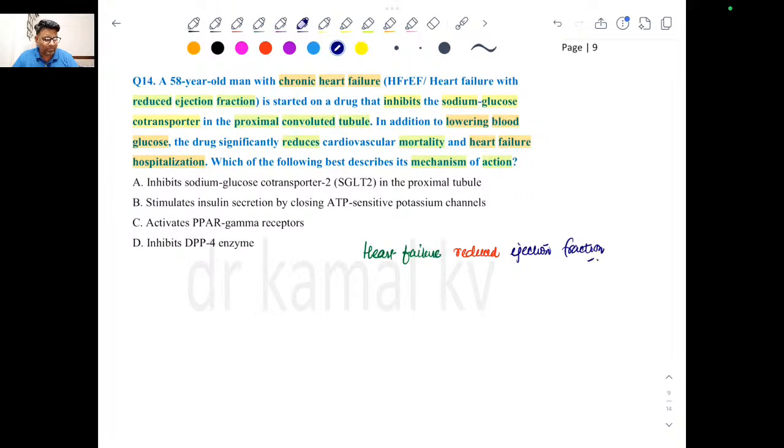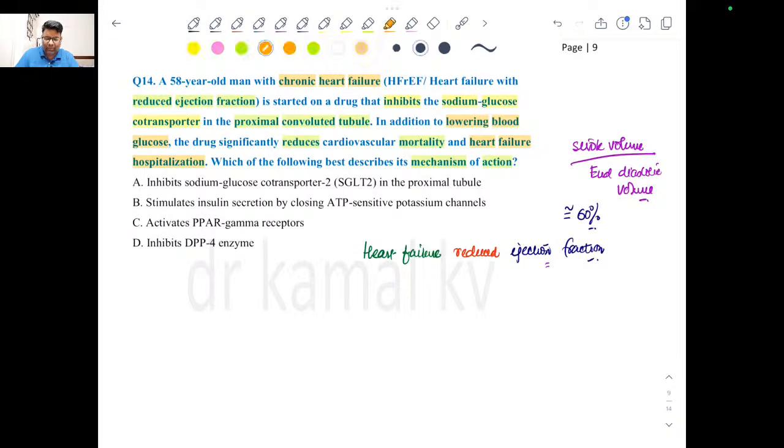I think all of you must be knowing what we mean by the word ejection fraction. So, ejection fraction is what? Stroke volume upon end diastolic volume. Okay. And in a normal person it should be around say 60%.